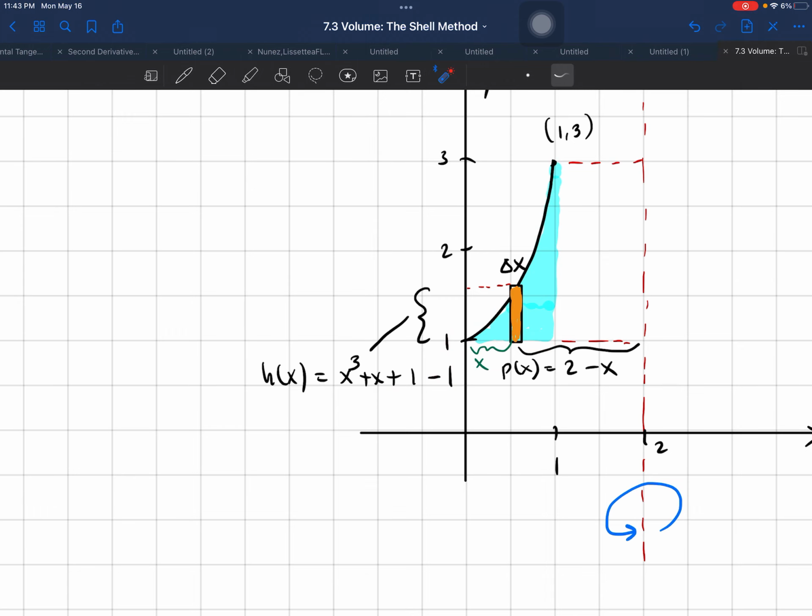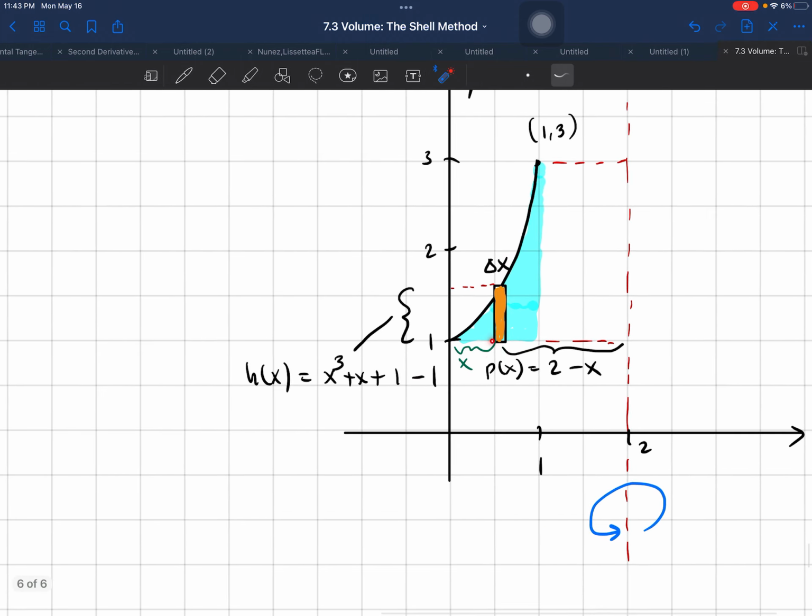The tricky part here is to determine the distance of the respective rectangle to the axis of rotation. It would be wrong for us to say that it is x. If you say that the distance of the rectangle is x, then you're implying that the rotation happens here, and that's going to give a different type of volume.